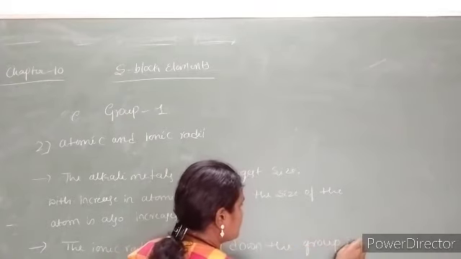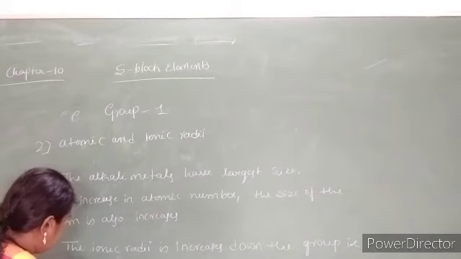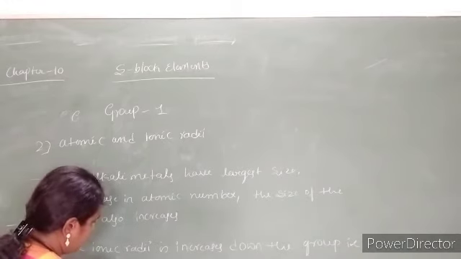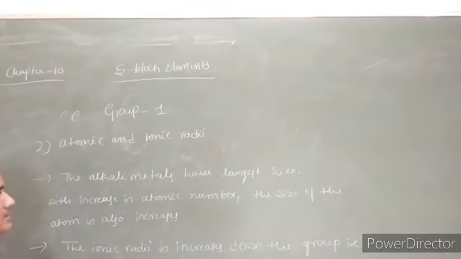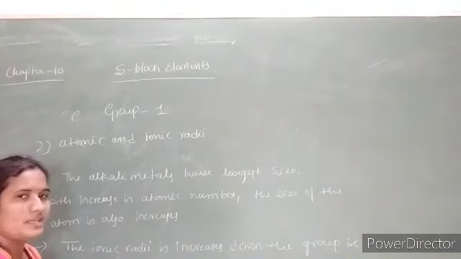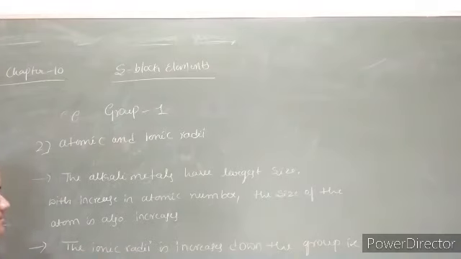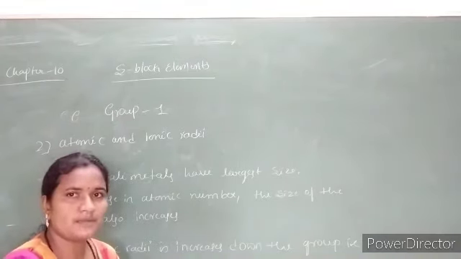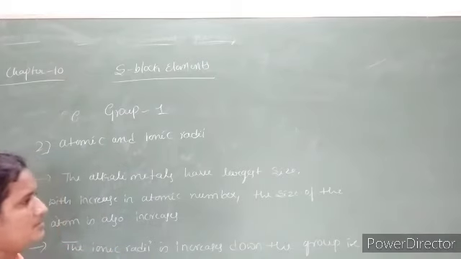These have the largest size, and with increase in atomic number the size of the element also increases, because of that reason the ionic radii also increase down the group, from lithium to francium.